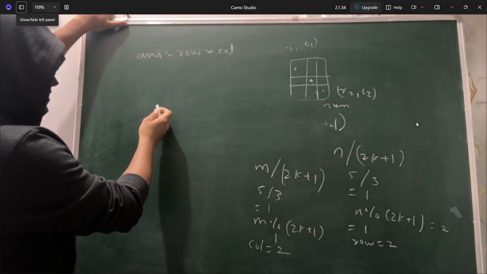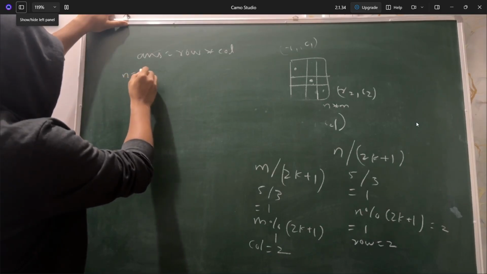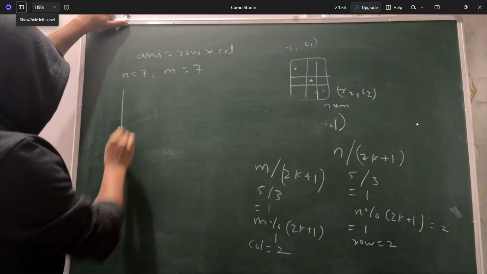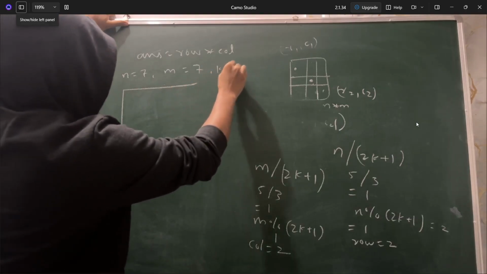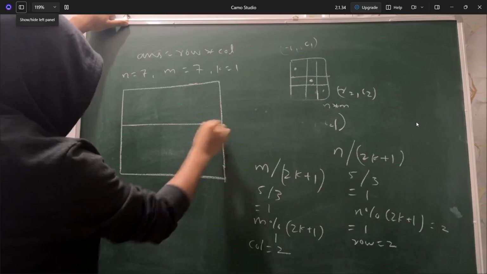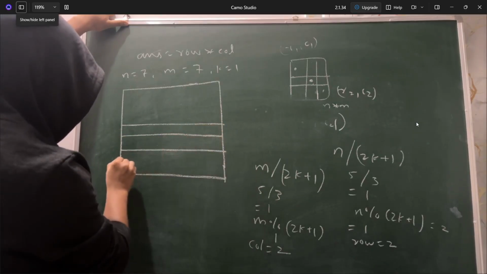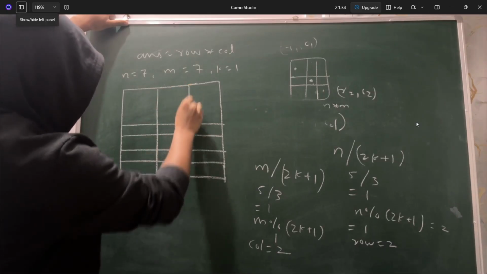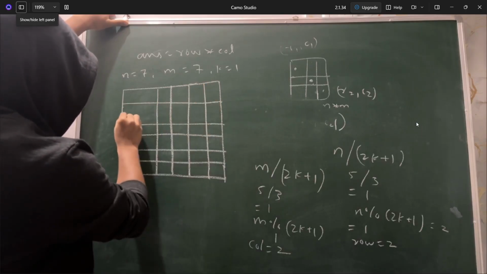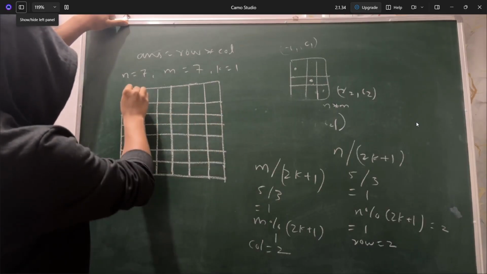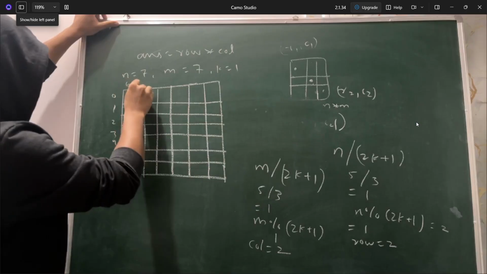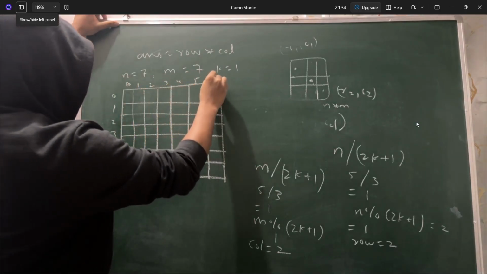So let me take n as 7, and m is also 7, and again k equals 1. Here we have the 0th row to the 6th row, and the 6th column.